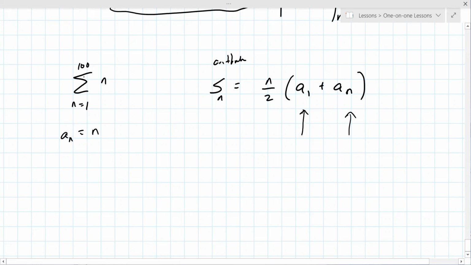And then you need to know the number of terms, and that's this up here, the 100. This is a weird example, but the sum of the first 100 terms is 100 over 2, because there are 100 terms. The first term is 1 because a1 equals 1, and a100 is 100.